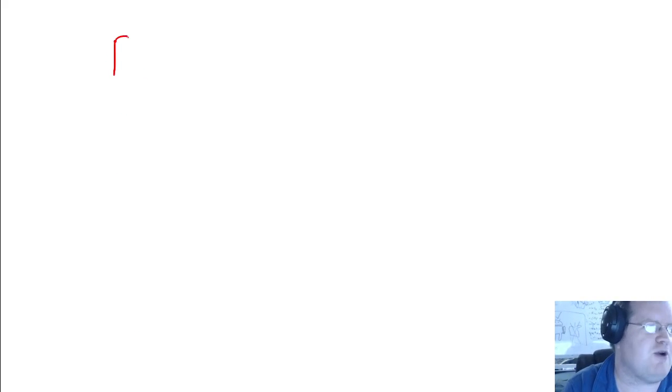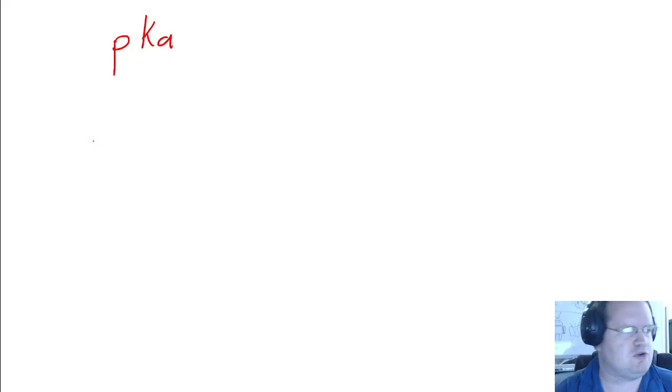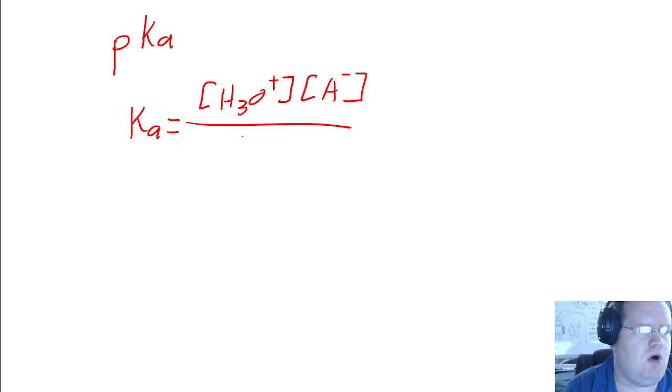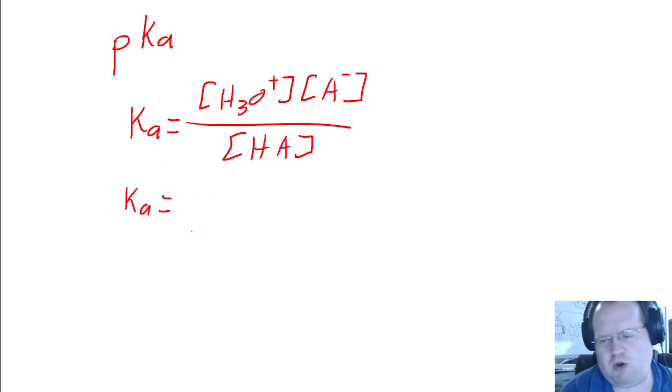Now finally, I'll mention that we can use this P for other things. So let's say we talk about something called pKa. As a reminder, Ka is the acid dissociation constant. So that'll be H3O+ times A- all over HA. These Kas, you'll notice, have values that work well with the logarithmic scale as well.